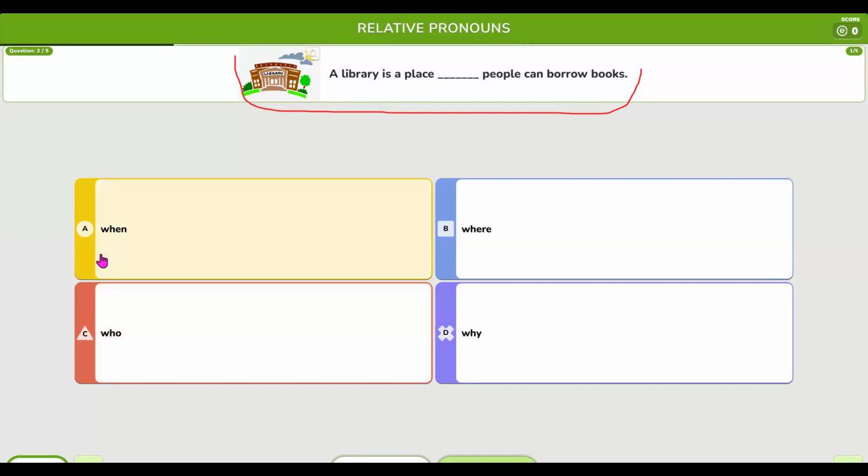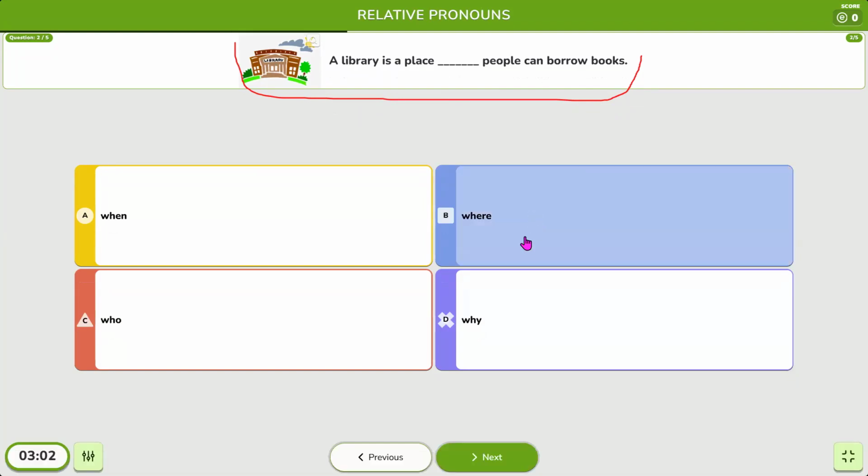Okay, when, a moment or time. Where? So, a library is a place where people can borrow books. Yay, my dear Alexa. Now, another one.